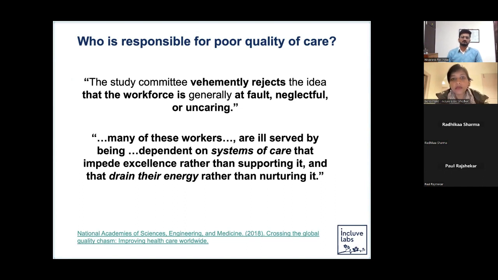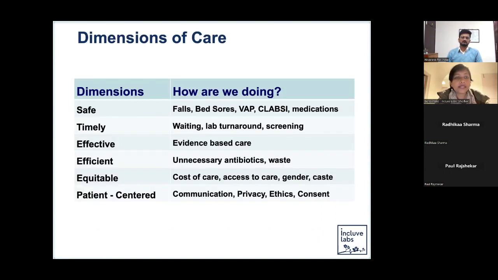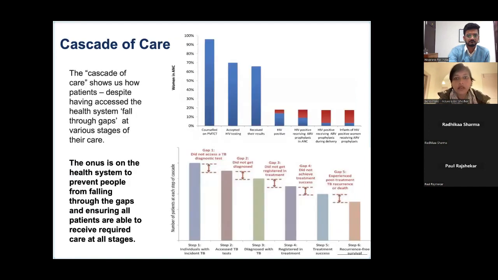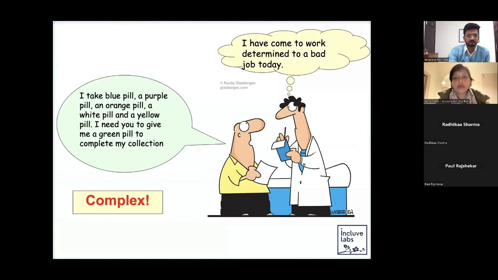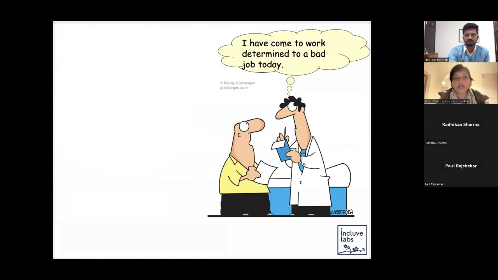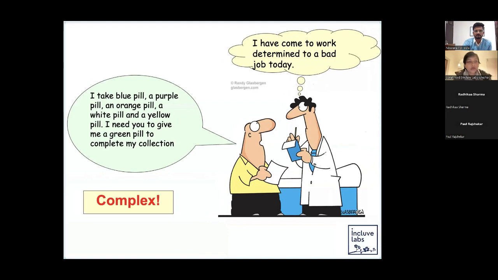And basically, when we are talking about all these gaps, a lot of times in discussions, when we're talking about a particular issue in a particular facility, one of the reasons people come up with is, staff is not motivated, nurses don't want to do, etc. And I'll take you back to this cartoon, right? Nobody's waking up to do a bad job.